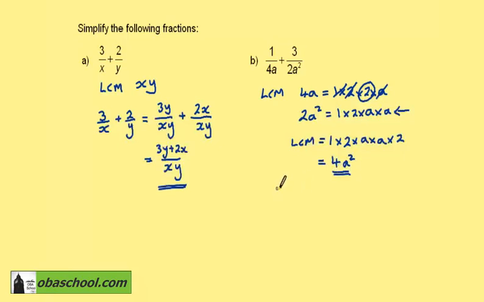So now using this, both of our fractions need to be expressed over 4a squared. We have 1 over 4a plus 3 over 2a squared.